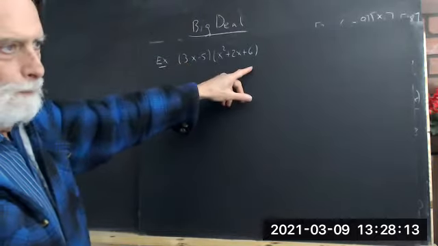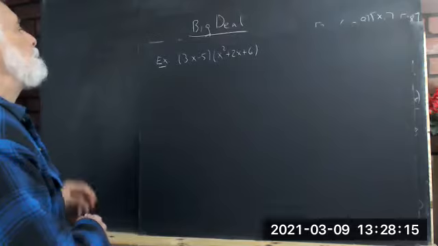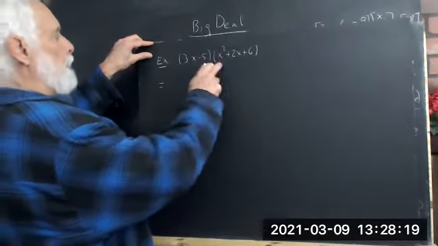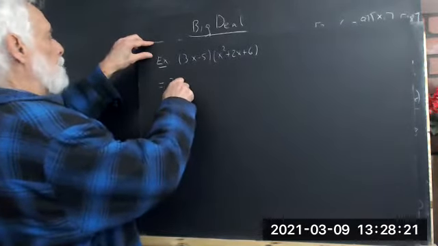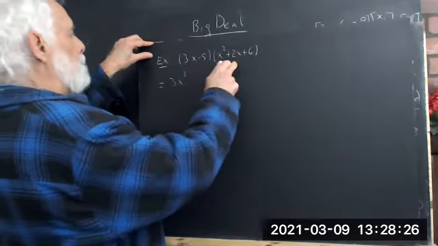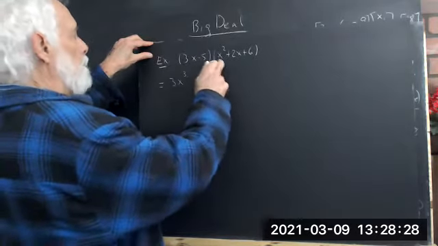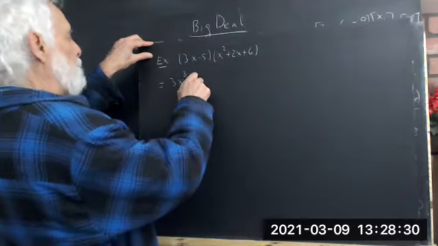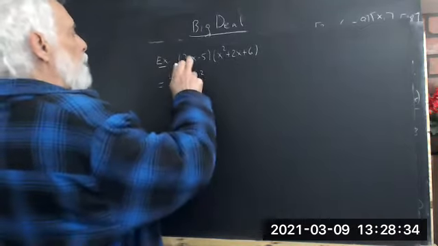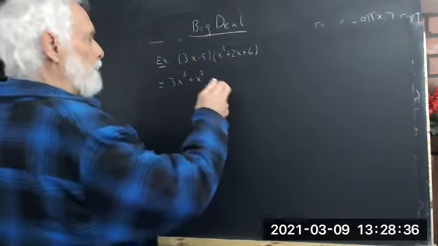Let's take this. Now, if I expand that, 3x times x squared gives me 3x cubed. 3x times 2x is 6x squared. We have a minus 5x squared, so we get a plus x squared. 3x times 6 is 18x.